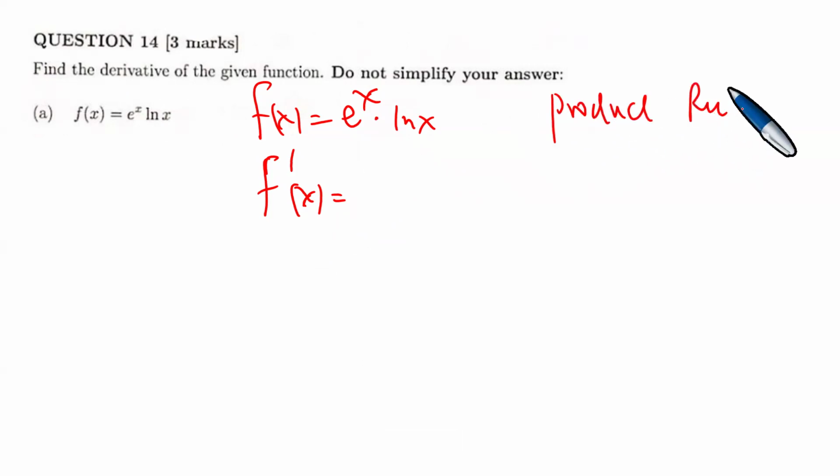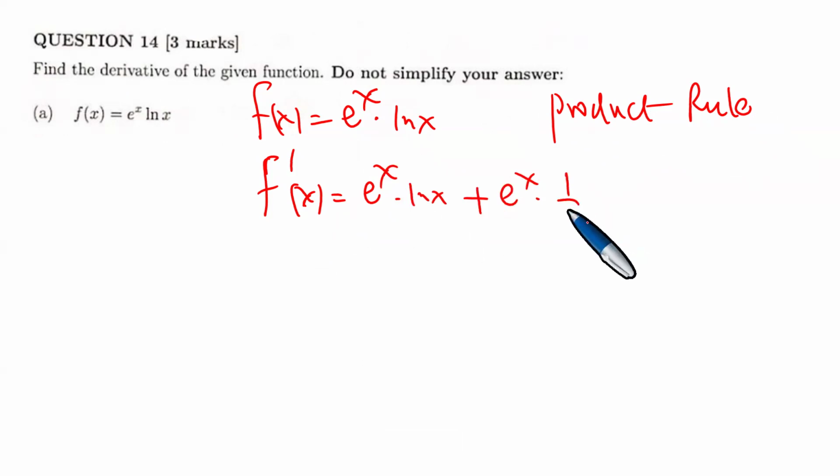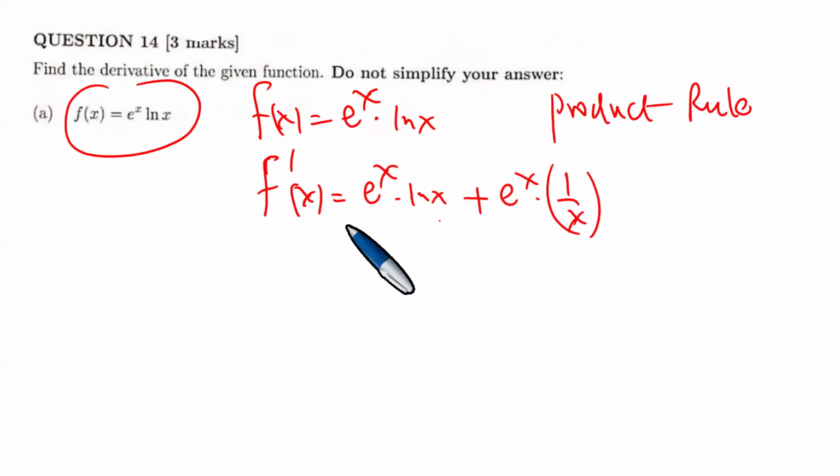By the product rule, the derivative of e to the x is e to the x, times ln x, plus e to the x times the derivative of ln x, which is 1 over x. So the derivative of this function is e to the power x ln x plus e to the x times 1 over x. So that is what we have got.